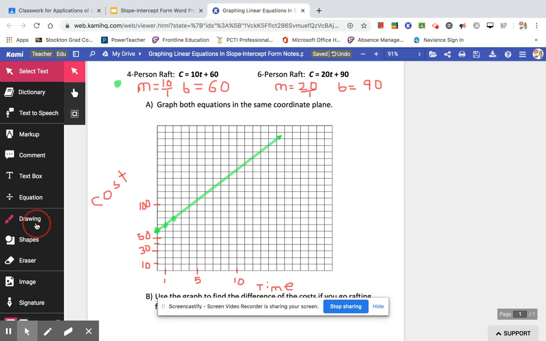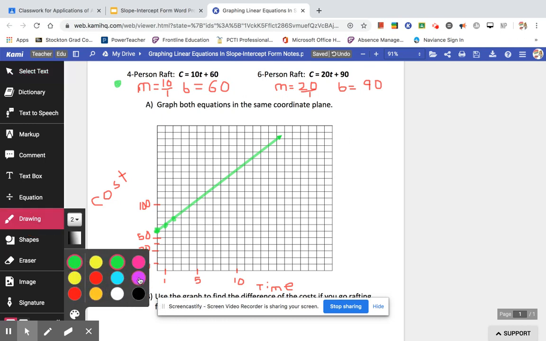So the second line I'm going to do in purple. This one does not start at 60, it starts at 90. So if I count 10, 20, 30, 40, 50, 60, 70, 80, 90, 90 will be the box right under 100. So that's where my B starts. And then this time it's up 20 and over 1. So if I go up 20, that's 10, 20, which is technically 2 boxes, over 1.